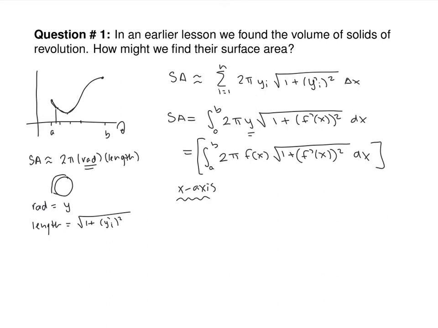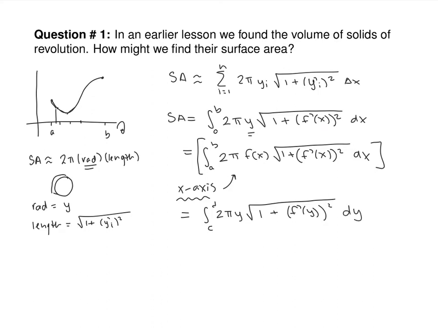The only funny thing about surface area is that you don't always have to use x's when you spin about the x-axis. So this is one equation for spinning about the x-axis. Another equation you can use would be the integral from c to d of 2 pi y square root 1 plus f prime of y squared dy.